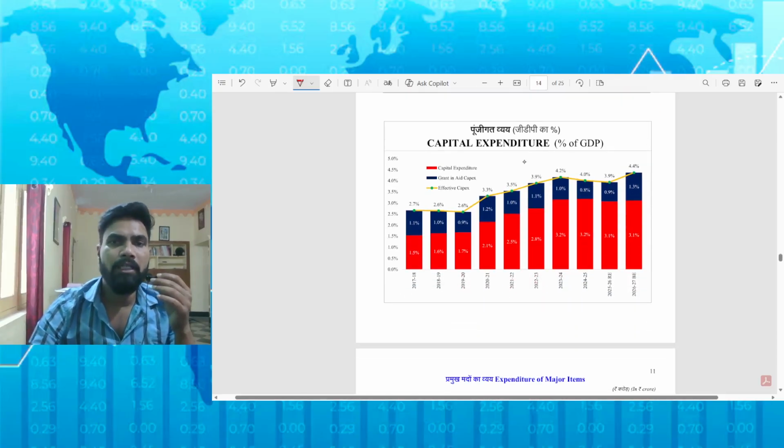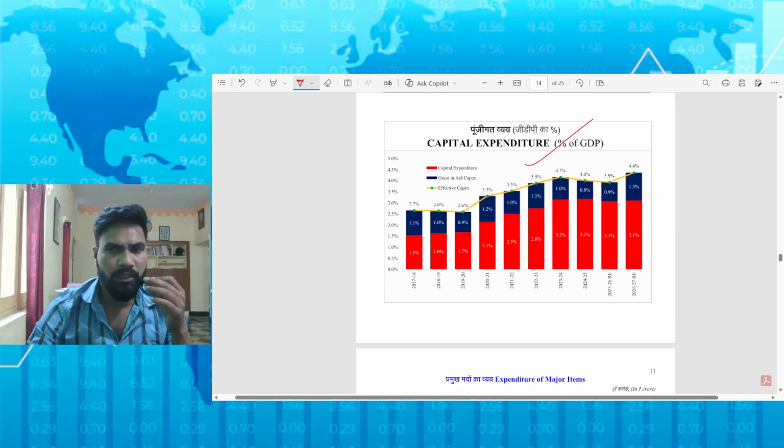Anyhow, capital expenditure, if you see as a percentage of GDP, it stands at 3.1% budgeted estimation. Grants in aid capital expenditure is 1.3%. Then total effective capital expenditure as a percentage of GDP is 4.4%.